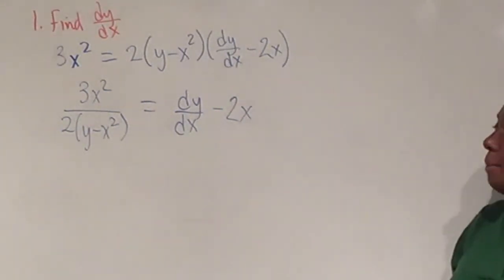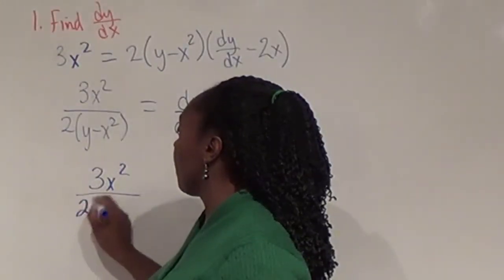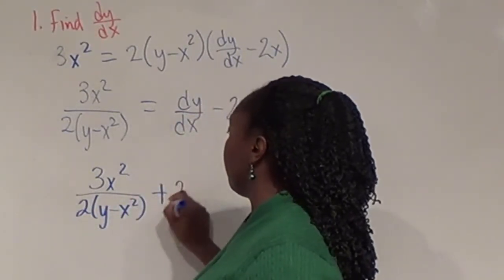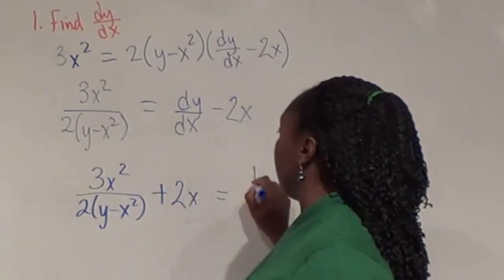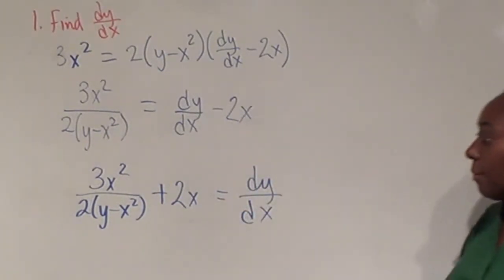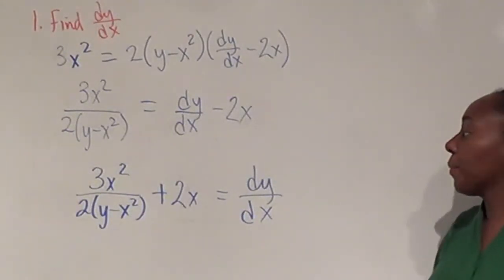And then add my 2x. So there's the equation for my slope.